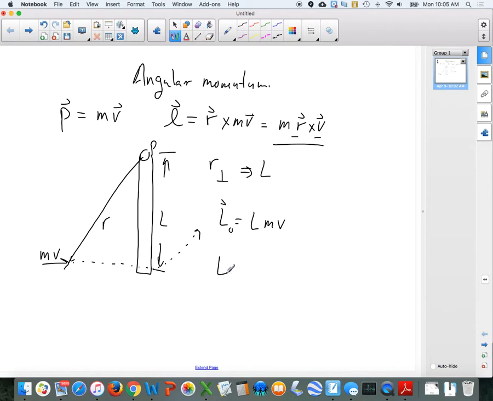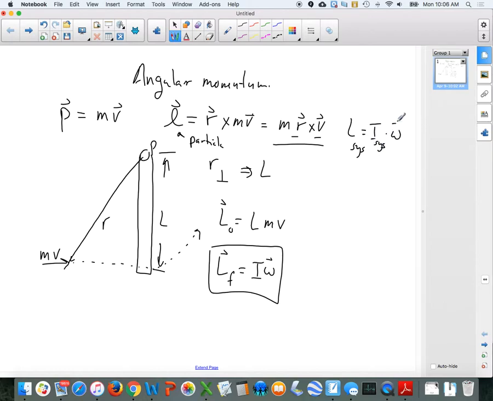L final is equal to I omega. And that's kind of like a definition, so we'll put that up here. This is L for a particle, and L for a system is I of the system times omega.